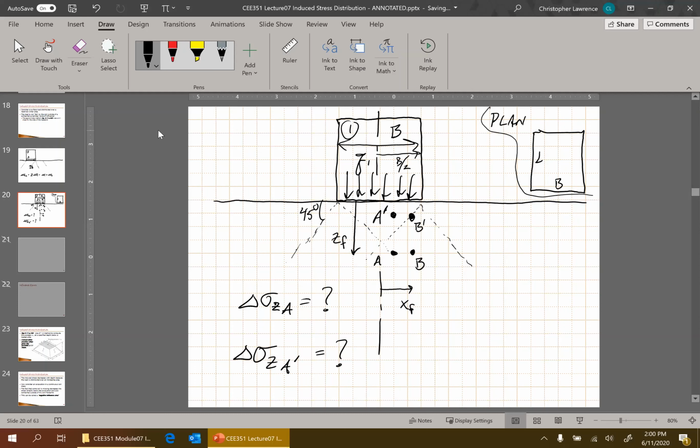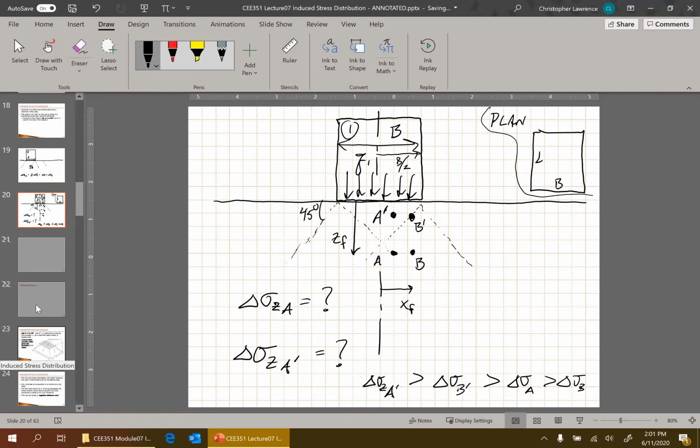Okay, and so we could start to envision that the induced total stress, not the effective stress, at A prime is greater than at B prime, which is greater than at A, which is greater than at B. So this is just intuitively, if you think about these influence zones, you might be able to agree with my statement right there. Okay, but we're working towards more details.